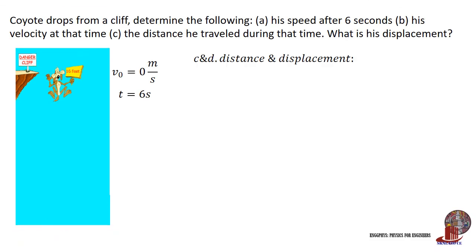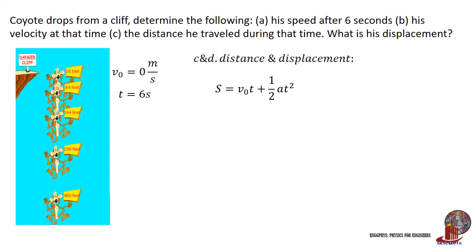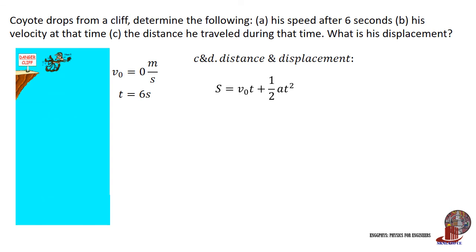Solving for the distance and displacement would entail that we use the formula s is equal to v naught t plus half of a t squared, whereby v naught times t will become 0 due to 0 initial velocity.